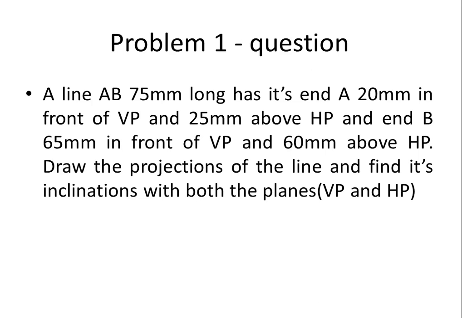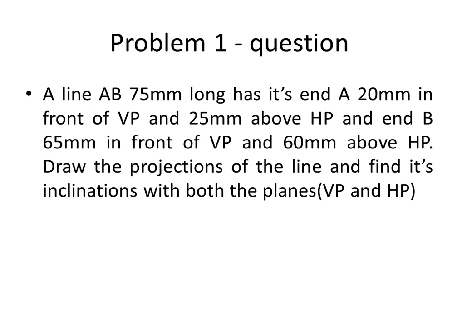Again, before starting, one more thing I would like to remind you is the most widely used golden rule. If you refer back to the construction techniques, I've mentioned some golden rules. The most widely used rule is that if a line is parallel to one of the planes, the other view, that is the view on which it is inclined to, will be a horizontal line.